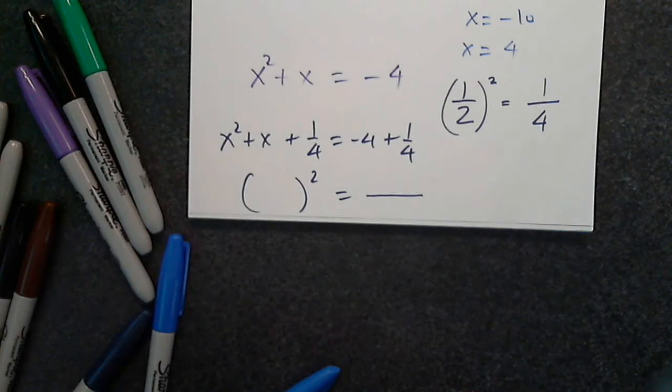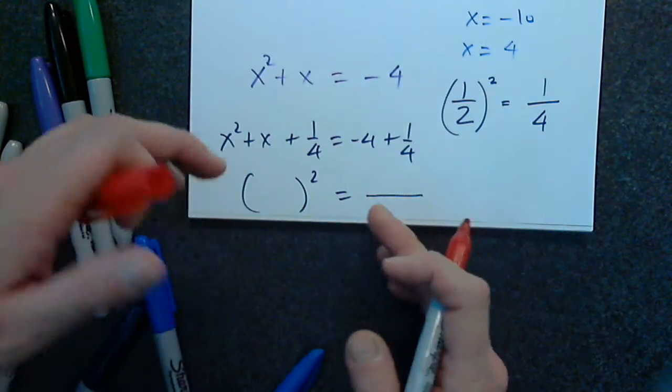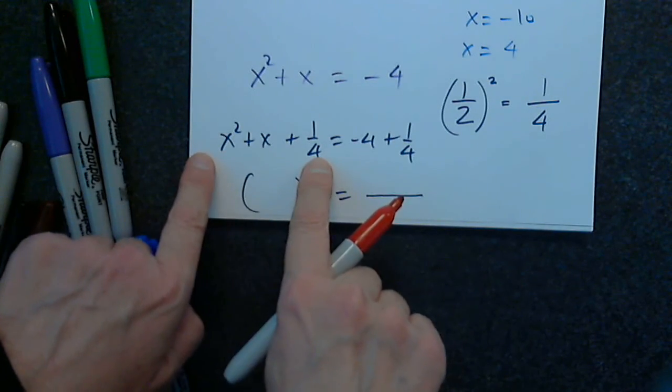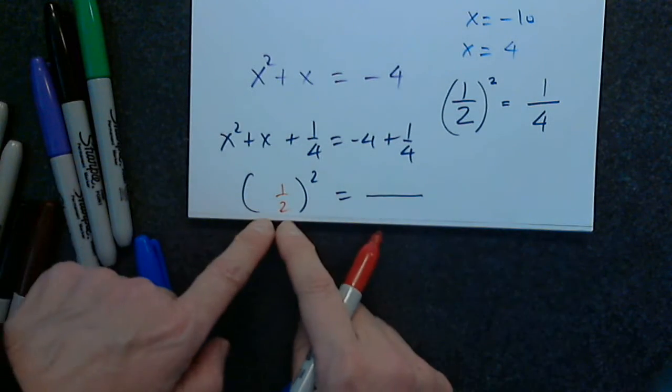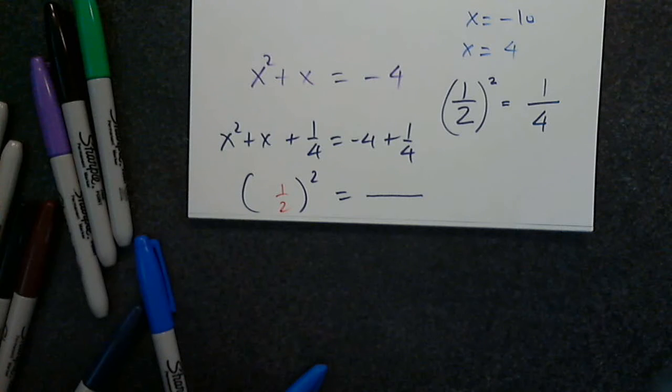Say it again. I have to have a binomial, because when I square this binomial, I get a trinomial. If I just put 1/2, when I square 1/2, I'm not going to get 3 terms. But you are close. Very close.